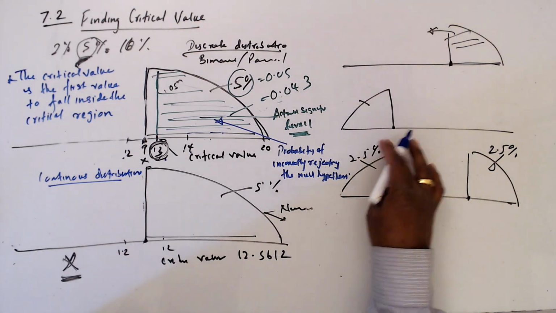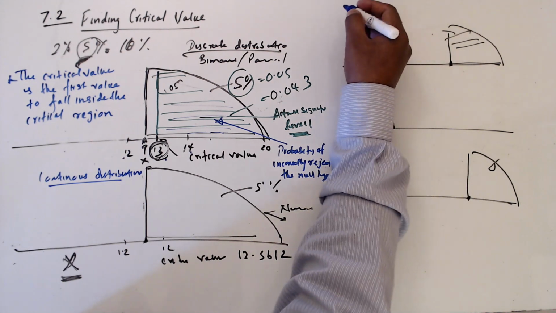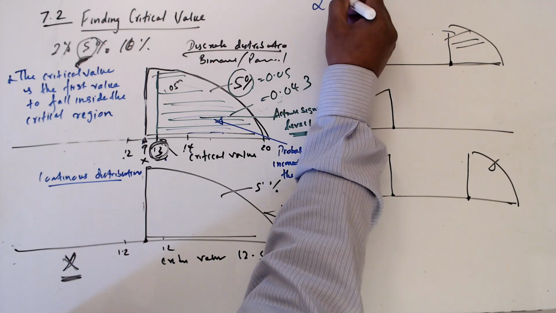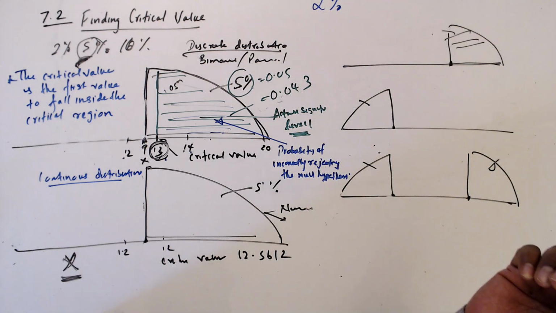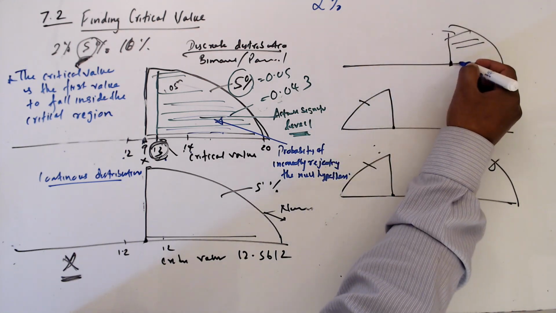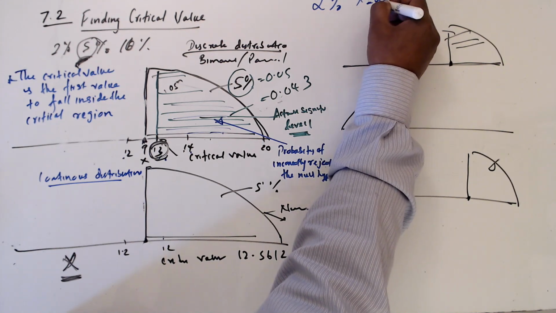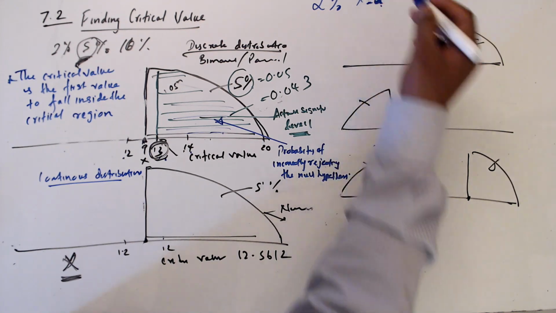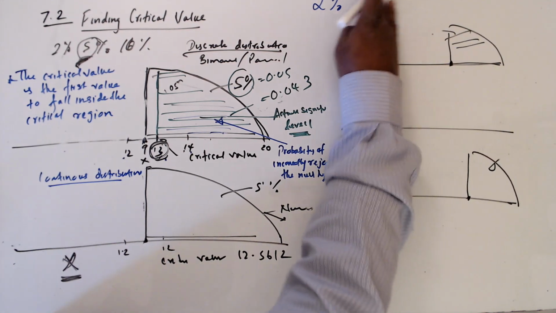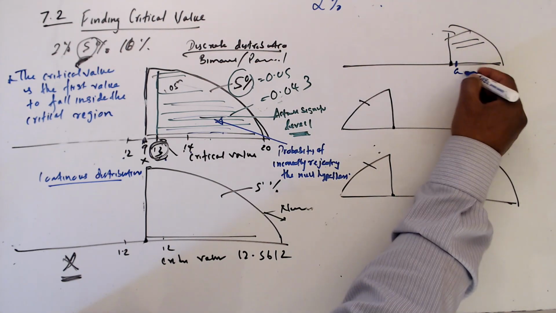So assume that, I rewrite again, the given threshold is alpha, and the value is a, the critical value, the reading is a. Assume that critical value, this is a.